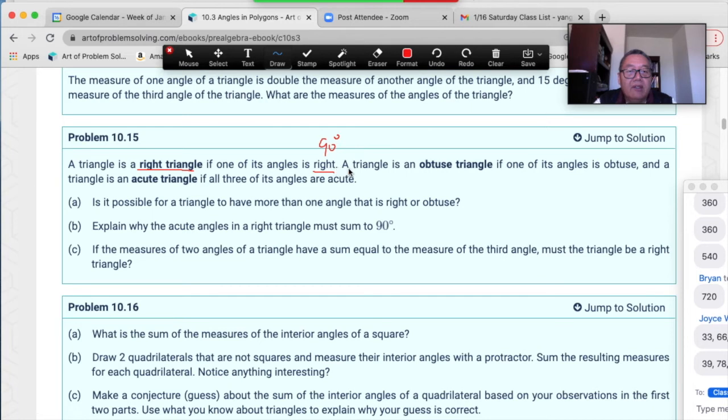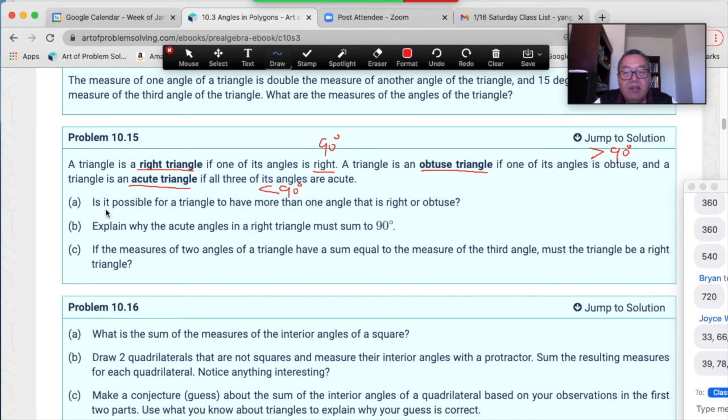Then if a triangle has one angle greater than 90 degrees, we call it an obtuse triangle. If all angles are less than 90 degrees, we call that an acute triangle. Okay, so here we have three questions.